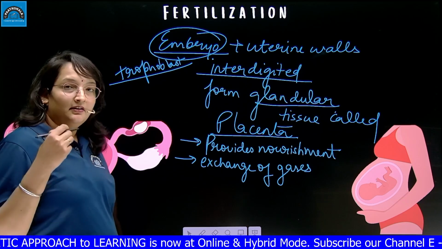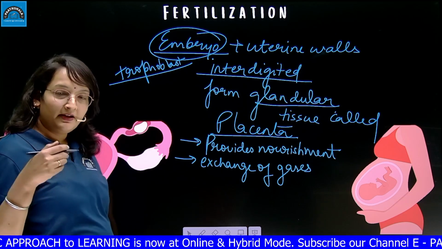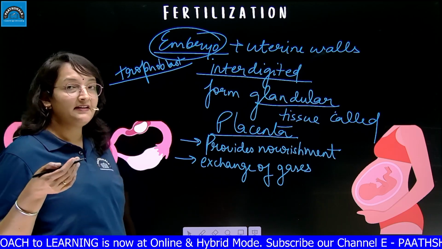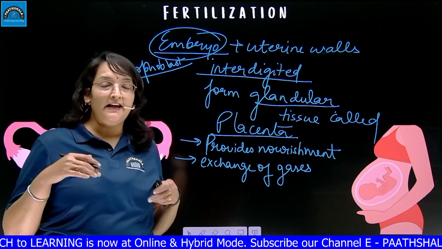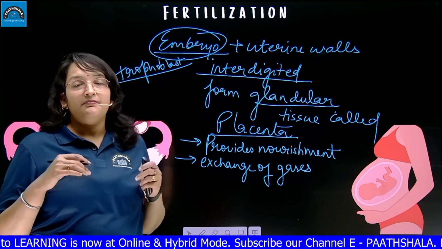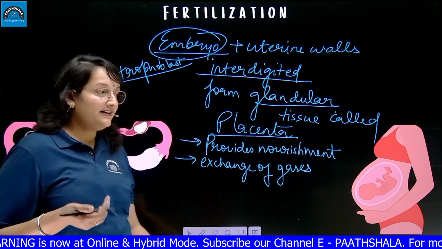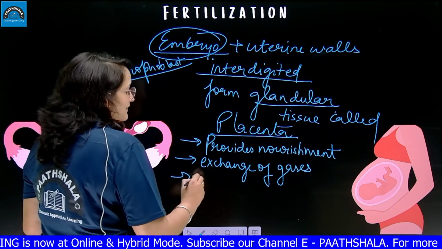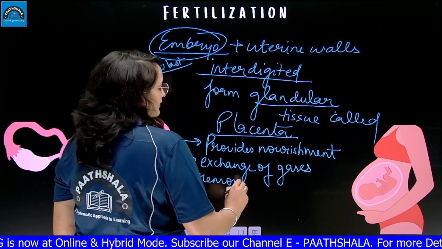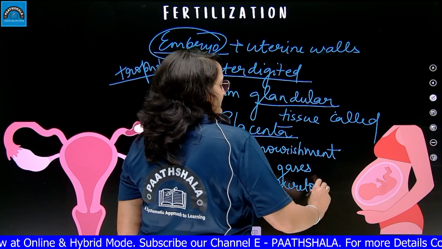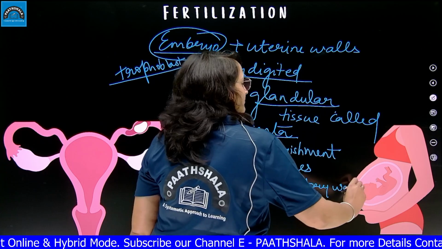Through the fluid only, through the blood only, the baby is getting oxygen also. That's why we say that we have evolved from fishes. At that time, when the baby is developing inside the mother's womb, they are getting oxygen from water, right? And it also helps in removal of excretory waste, whatever they have to release out, that is also through the placenta.